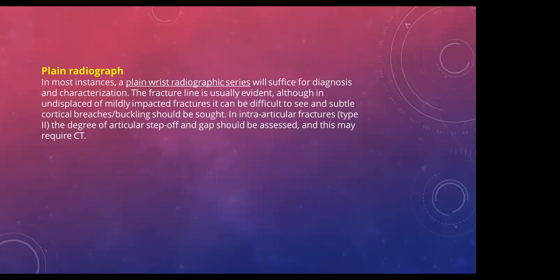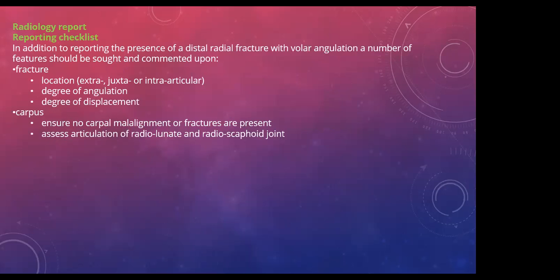A plain wrist radiography series will be sufficient for diagnosis and characterization. The fracture line is usually evident, although in undisplaced or mildly impacted fractures it can be difficult to see, and subtle cortical breach or buckling should be sought. In type 2 intra-articular fractures, the degree of articular step-off and gap should be assessed, and CT may be required.